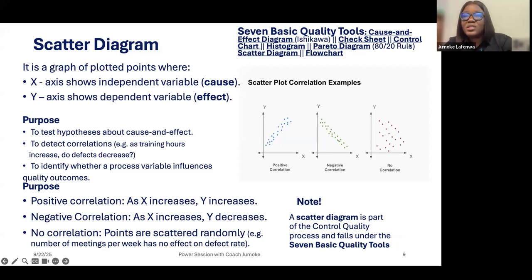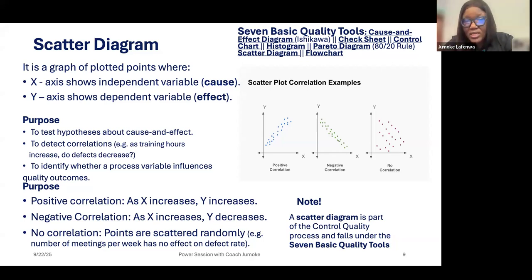And then you have the check sheet, you have the control chart, you have histogram, you have Pareto diagram. Pareto diagram is also depicted in histogram. You should know Pareto diagram is the 80-20 rule, where if you identify all the problems, you realize that about 20% of the problem, when solved, will address 80% of the needs of your people. If you're also working in a team, if you identify 20% of the people, they will help you achieve your 80% goal.